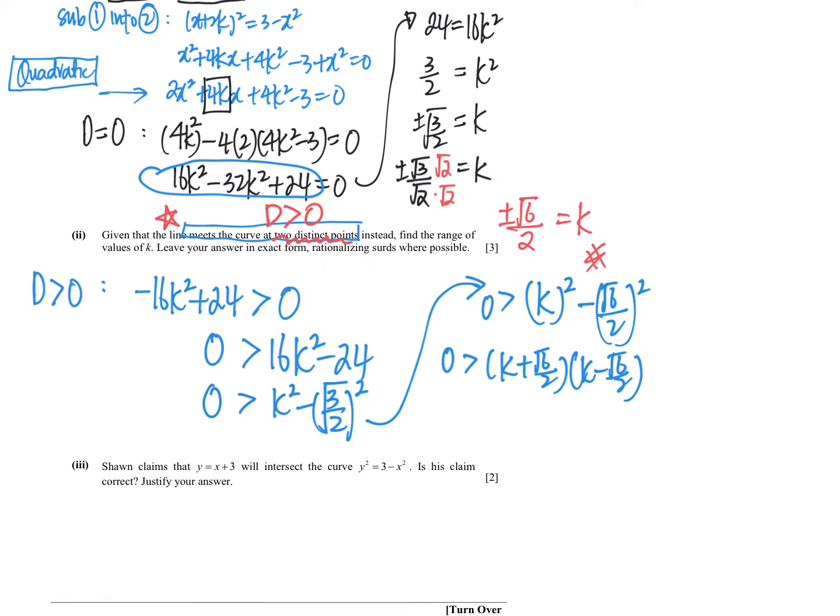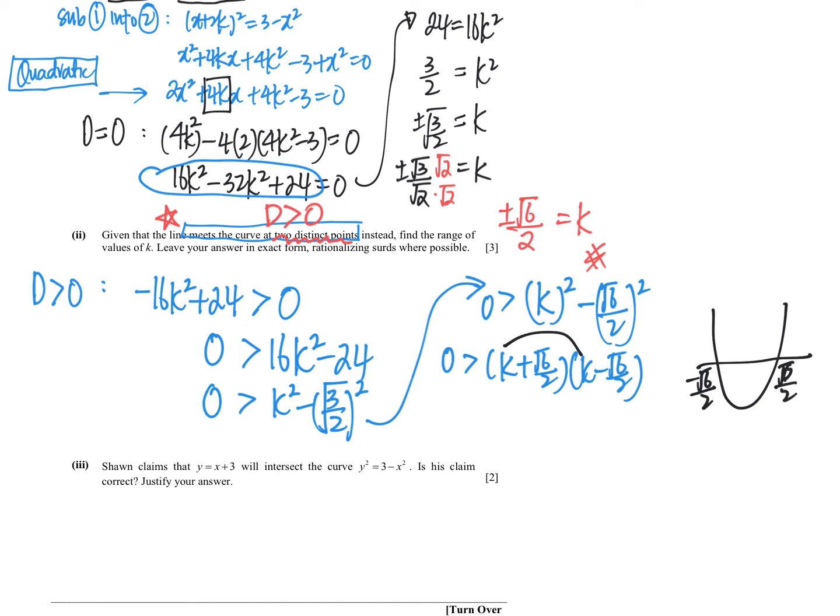Okay, so now, this is a quadratic inequality. First thing is, after you factorize, you need to sketch it out. So if you check, this is a minimum curve. Okay, the two roots are minus root 6 over 2 and root 6 over 2.